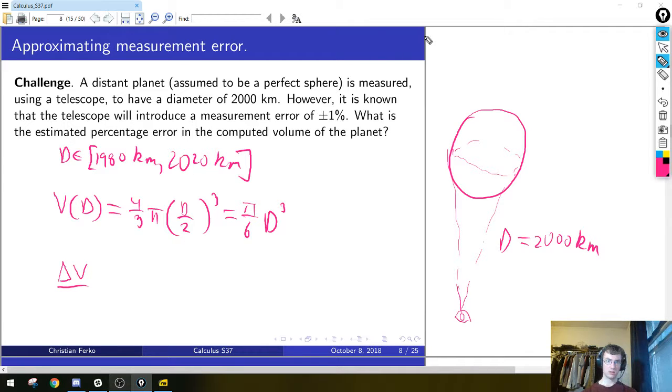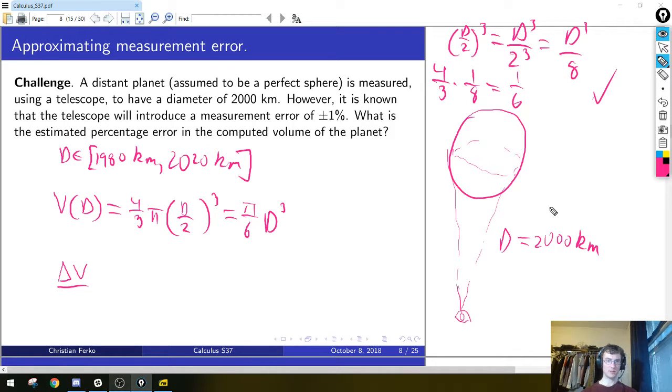Oh, this is d over 2 cubed, so that's d cubed over 2 cubed, which is d cubed over 8, and then there's a 4/3 outside, so 4/3 times 1/8 simplifies to 1/6, right? Okay. That makes more sense.